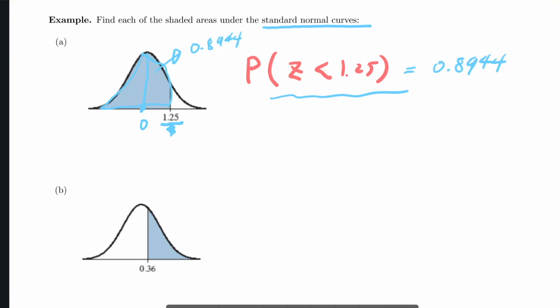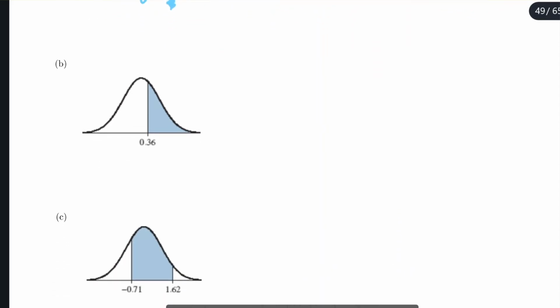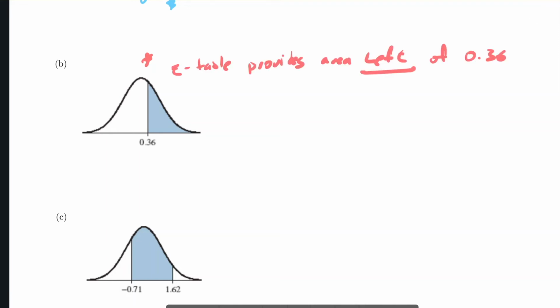Okay. So let's look at the second. The second one says area right. This is very important because this one, the area is on the right side. But the z table gives us area left. The z table provides the area left of 0.36, which means the z table can tell us this area.